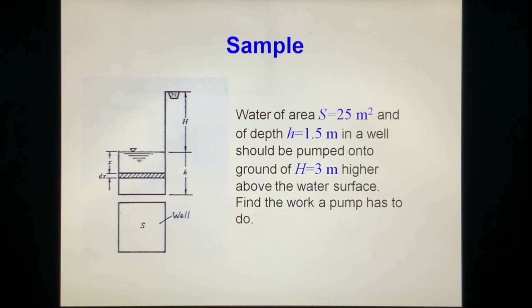So what we do, we divide the water in the well into many horizontal layers. Then the water in each layer needs the same work to pump to the height. That's the trick we do.